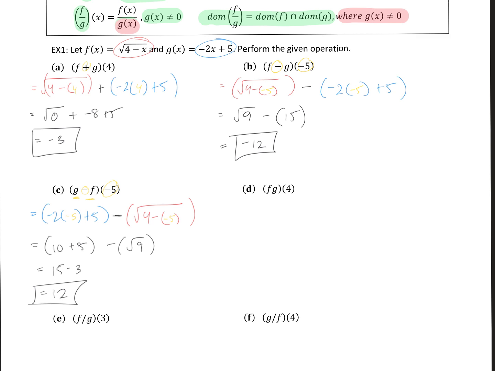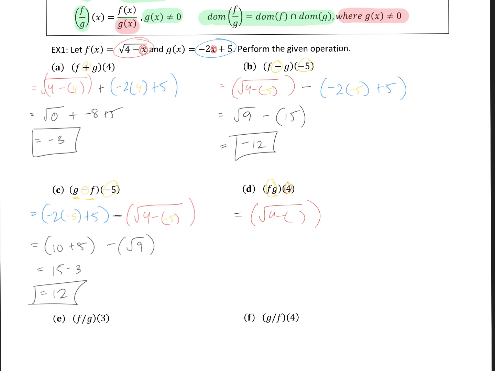Okay, so now moving along, we have f. Now there's no symbol on the inside, which means this is going to be f times g, f times g of 4. So again, my f function is going to be the square root of 4 minus my input. I'm always just changing my input value with whatever is given on the inside here.